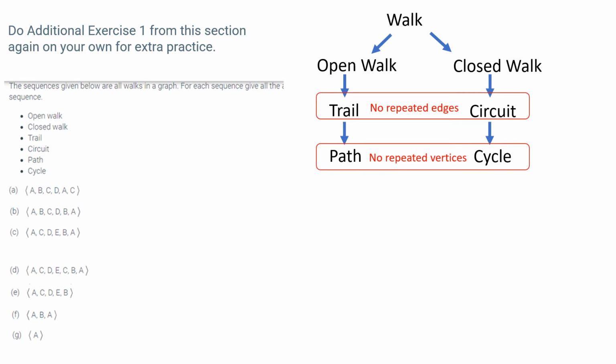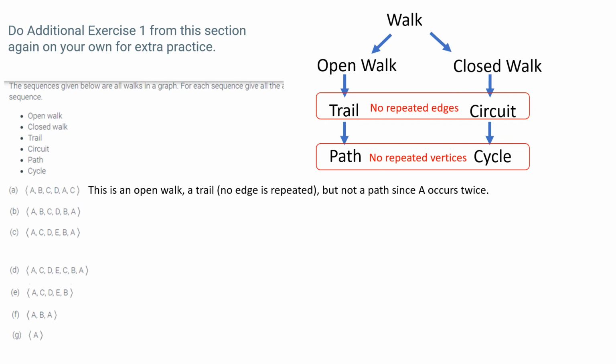Is it a trail? Well, it can only be a trail if we haven't repeated any edges, right? Let's see, A to B, B to C, C to D, D to A to C. Did we have any edge repeated? No, we didn't really. And it might be hard to see.